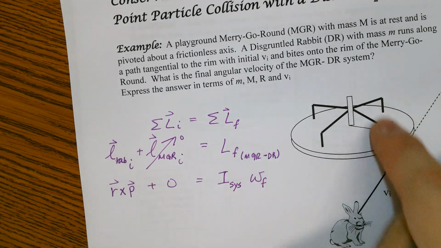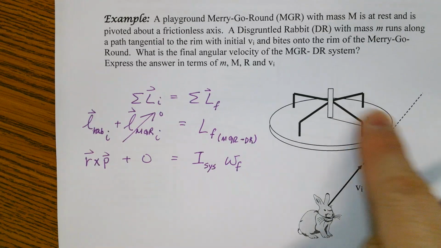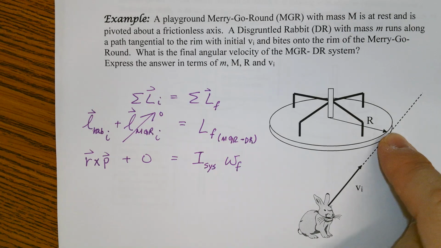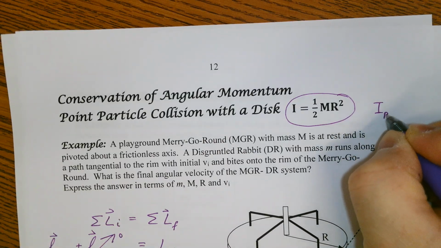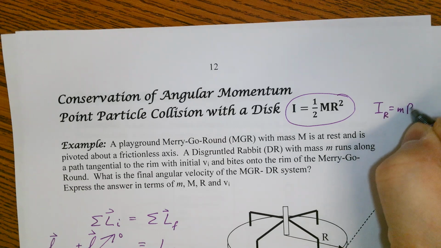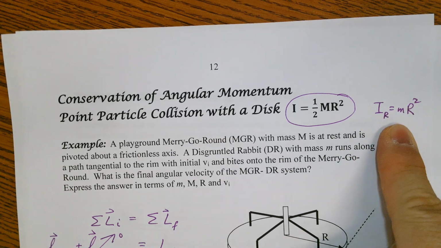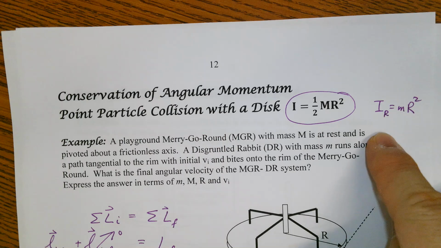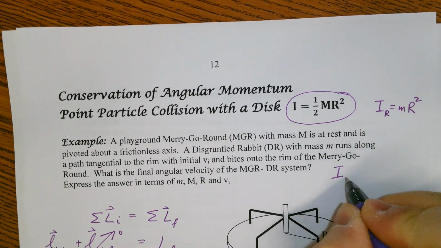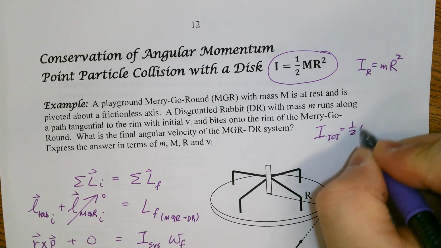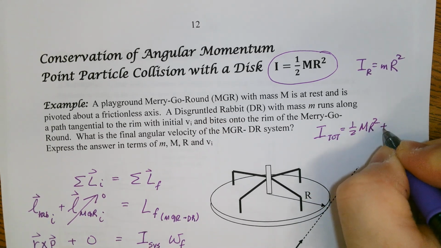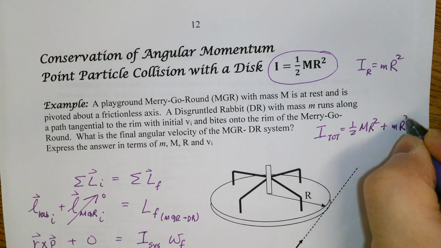I system is the disk plus, you could treat the rabbit as a point particle, so you could say that this is the I disk, and then I rabbit is equal to mr squared. Does that make sense? So if you add them up, your I total is equal to 1/2 Mr squared plus mr squared.